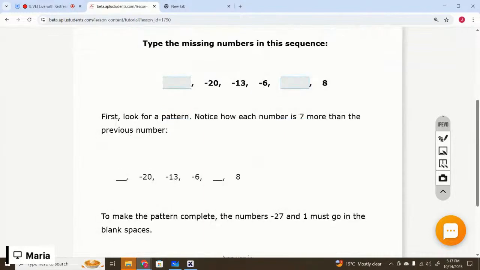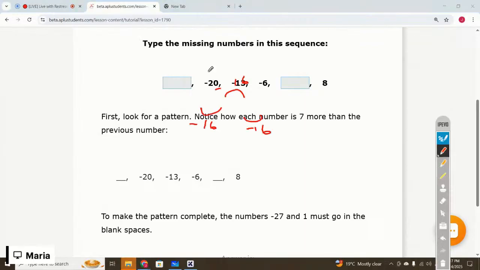Negative 20 plus 7 is negative 13. Negative 13 plus 7 is negative 6. Negative 6 plus 7 is 1. That is negative 27.